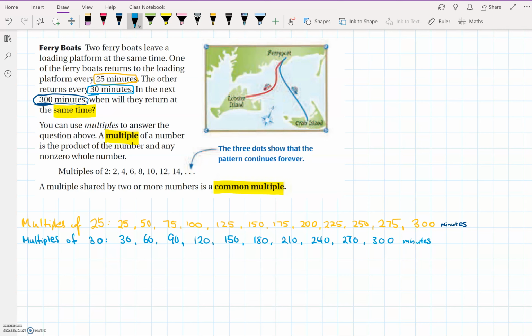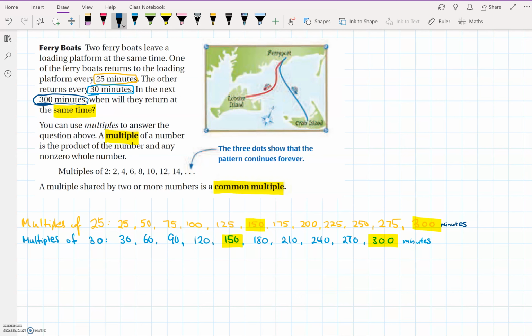Okay, so let's see what numbers they actually have in common. Well, I go down from my smallest end, 25, 50, 75. 150 here is the same between 25 and 30, and they also both multiply into 300.